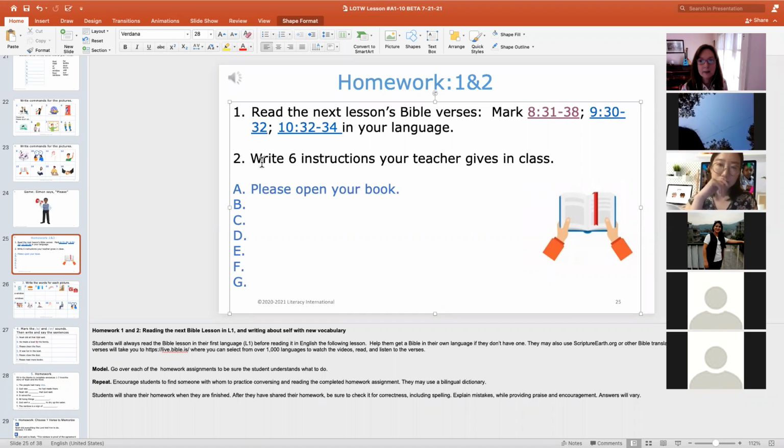And then part 2 is writing sentences using the vocabulary and grammar they learned in this lesson. So as we explain the homework, we use the same model and repeat that we use in class. So the instructions for number 2 are write 6 instructions your teacher gives in class.